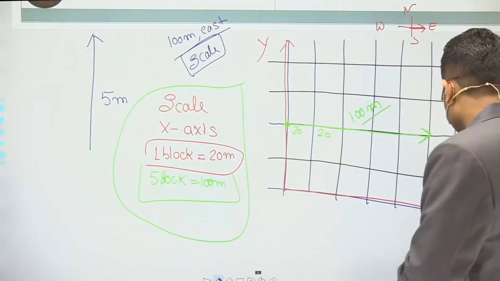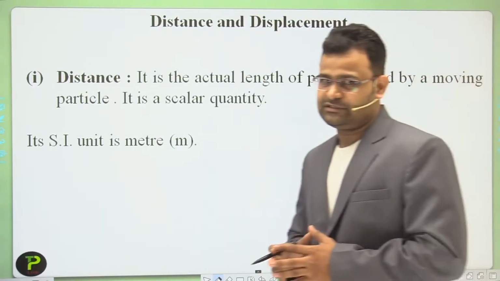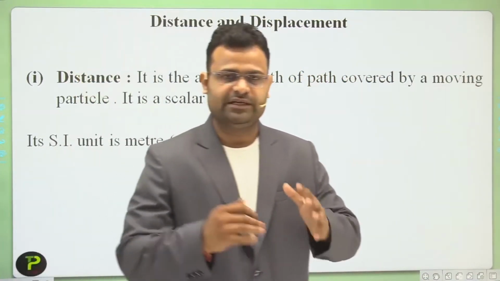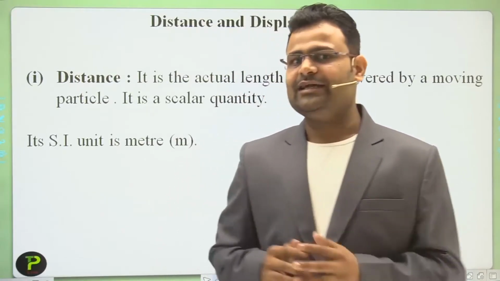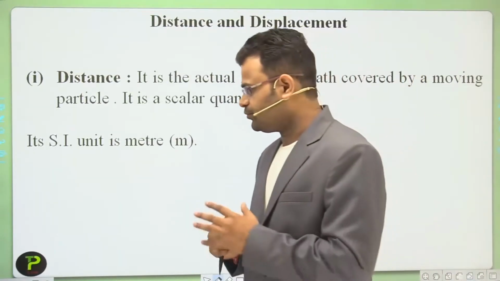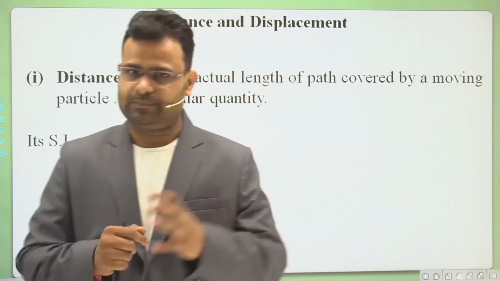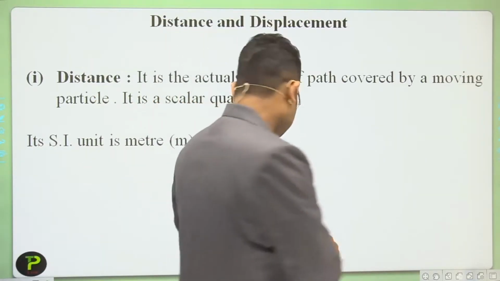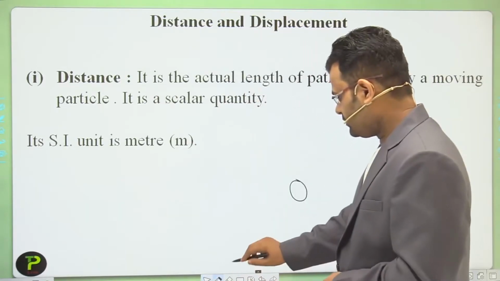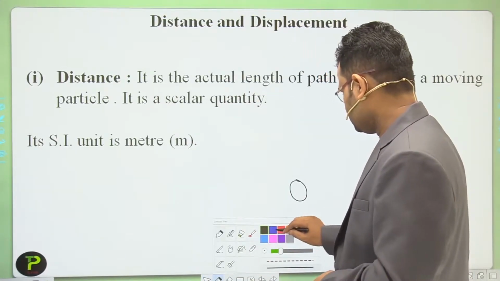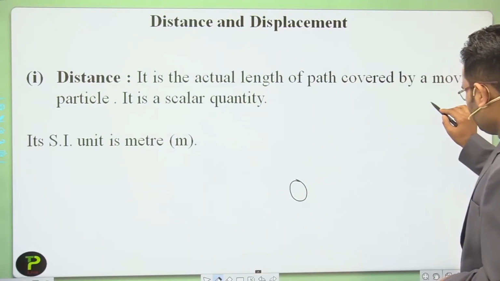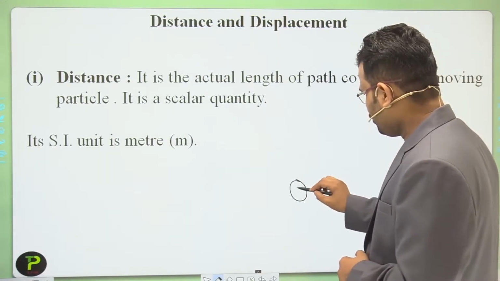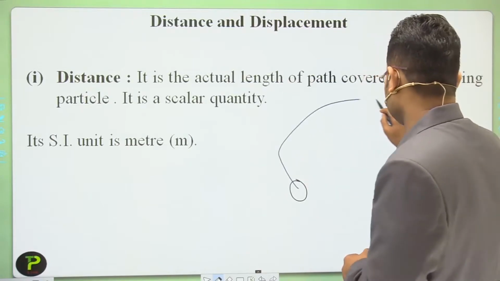Okay students. Now the distance and displacement. So the first topic is distance and displacement. First we discuss the distance. Dear students, if you are moving from one place to another place, like you start from here and you end your journey here. But it is not certain which path.